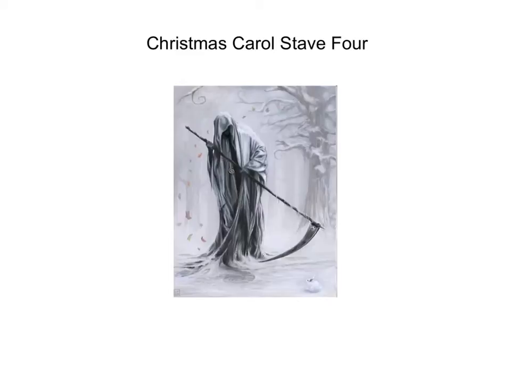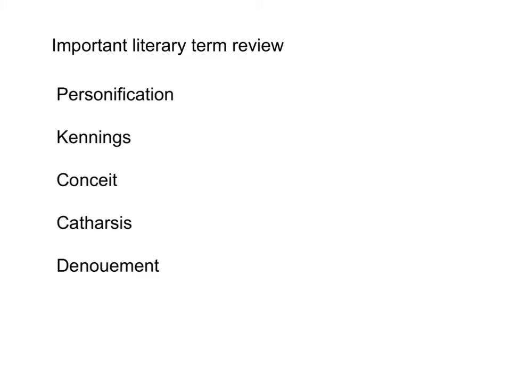So let's do a quick review. First up, some important literary terms that will make their presence in this chapter. First up, personification. Remember, personification is giving lifelike qualities to non-living or non-human things.